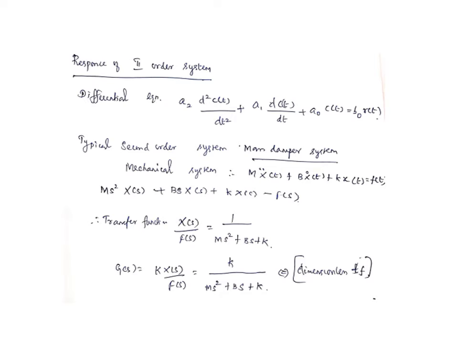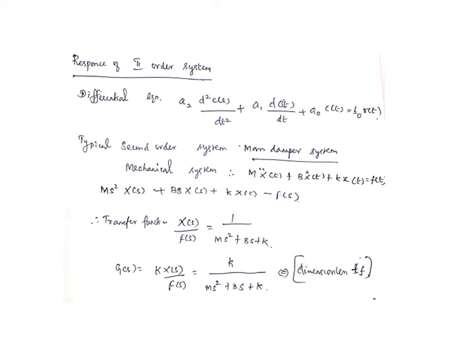So for the second order system, the differential equation will have a2, a1, a0 on the left hand side, and just b0 on the right hand side. A typical second order system is a mass damper system, which is a mechanical system, and we will have m x double dot of t, which is nothing but m d square x of t by dt square.